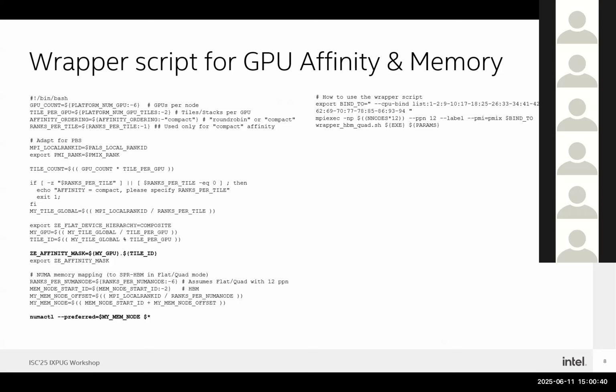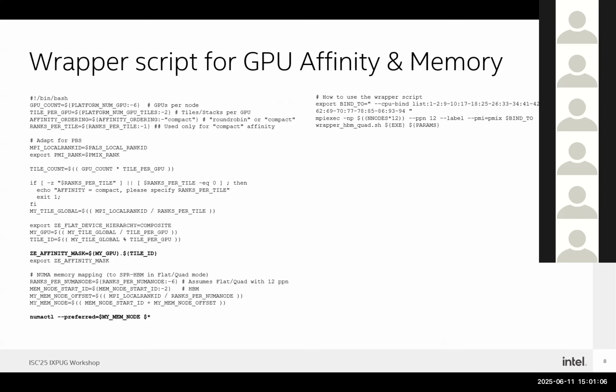Any questions? What happens when we do multiple nodes? Let's say I'm running across 2 nodes, with 12 ranks per node. Then mpiexec would be -n 24 with -ppn 12.